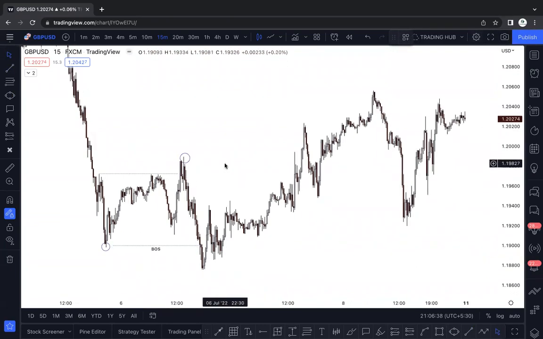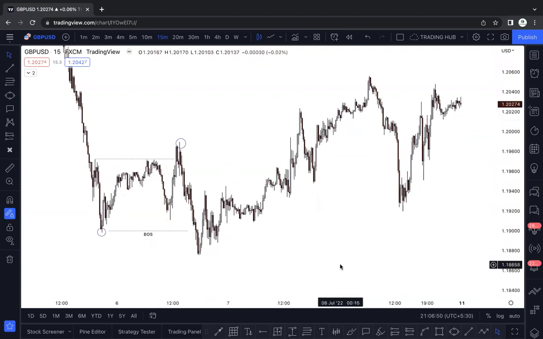Most of the time people get confused between internal structure and major structure. After the break of this structure, this low is confirmed when the market took out the first high, which is here, correct?